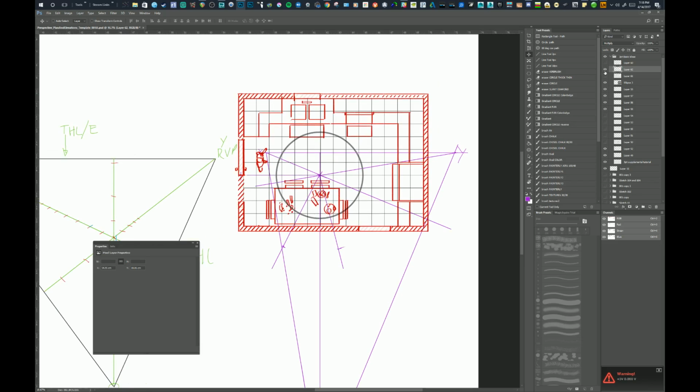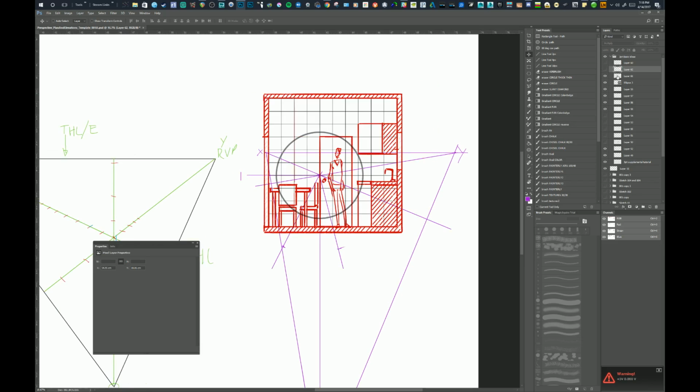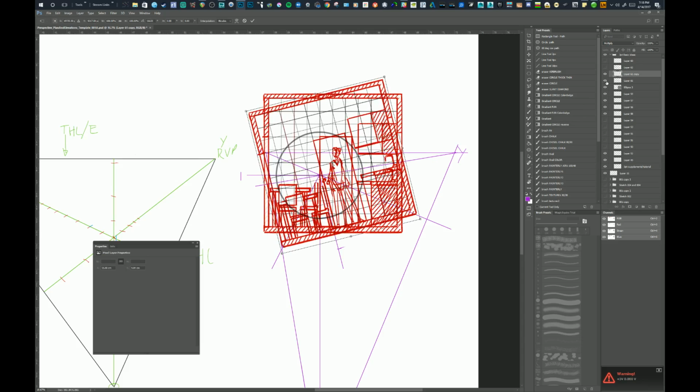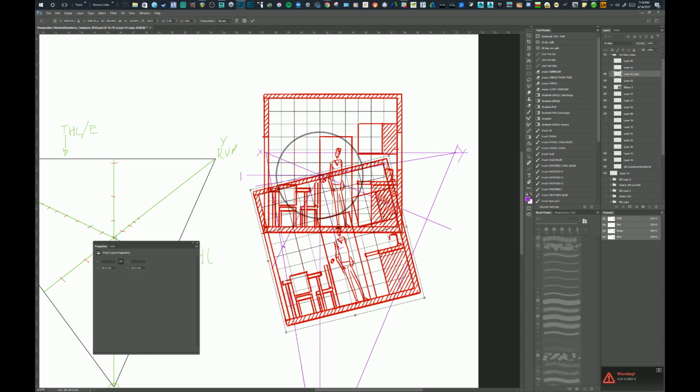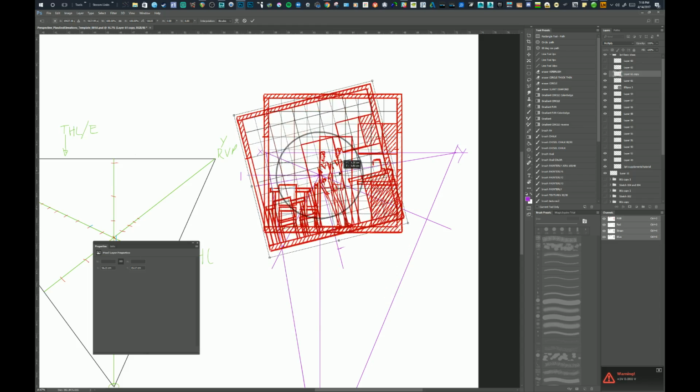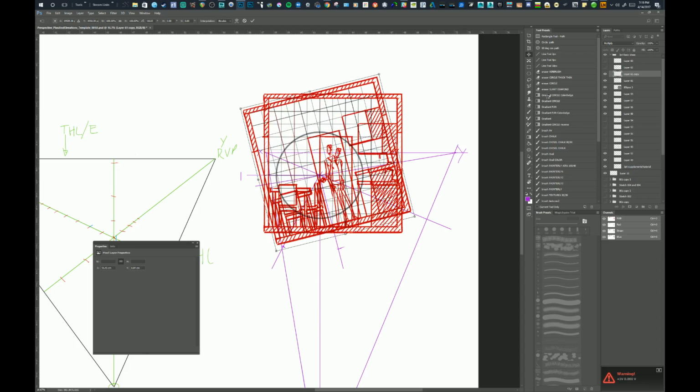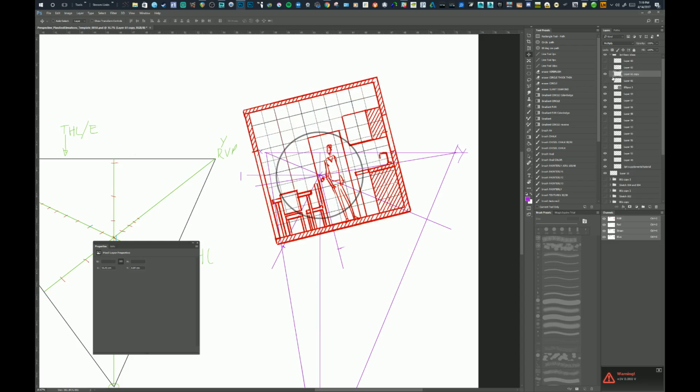Now we're going to go ahead and take this guy right here, and this guy should be oriented with the true height line right here, and then the center of vision should be here. Let me turn that off.